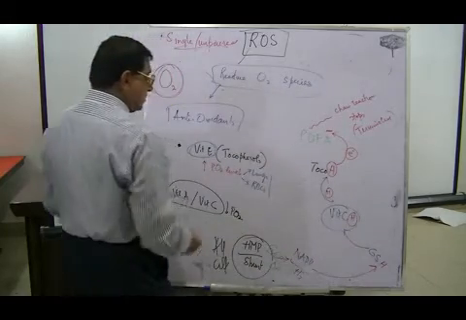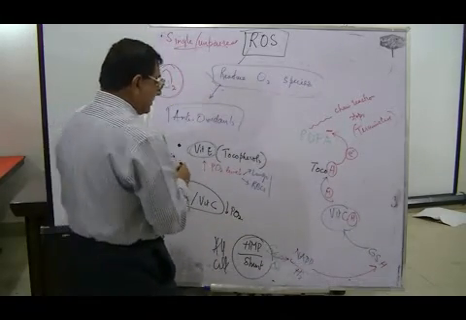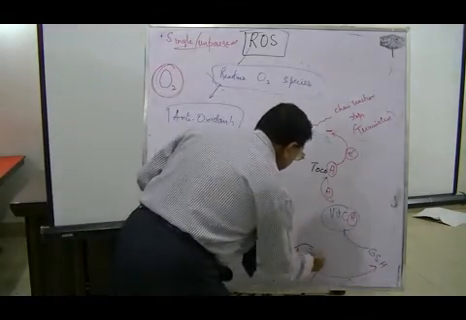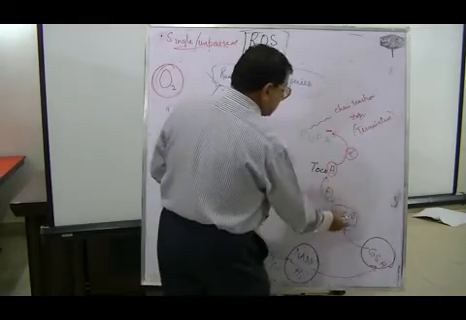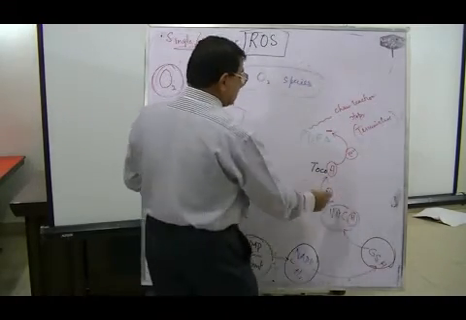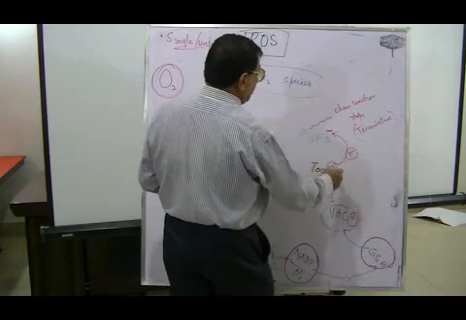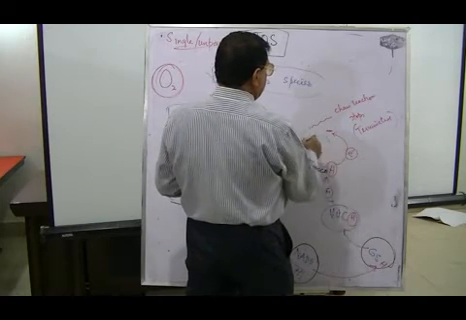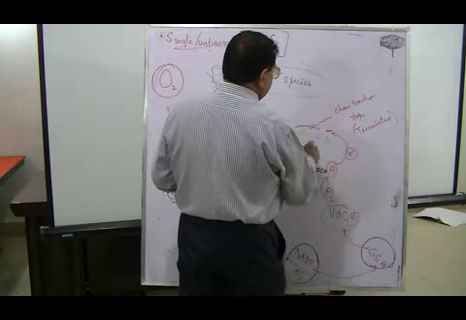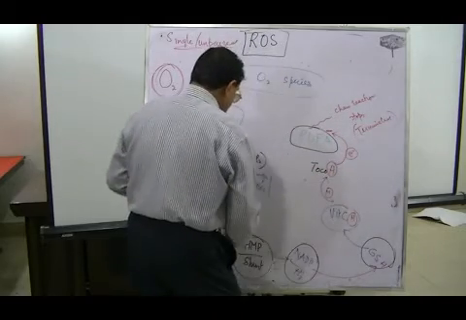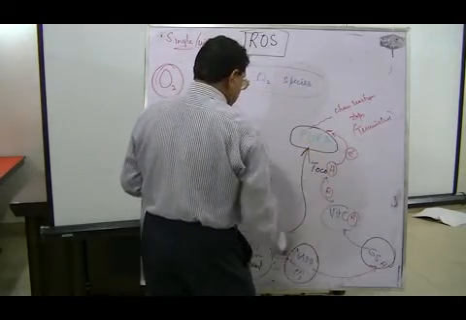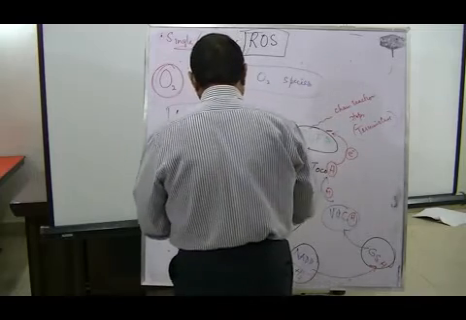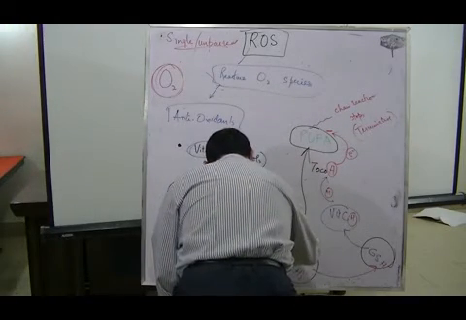This gives rise to NADPH2. This one reduces glutathione. This one reduces vitamin C. Vitamin C gives its hydrogen to tocopherol. This one gives hydrogen and stops the chain reaction in PUFA. So this is the whole chain of antioxidant protective reaction.